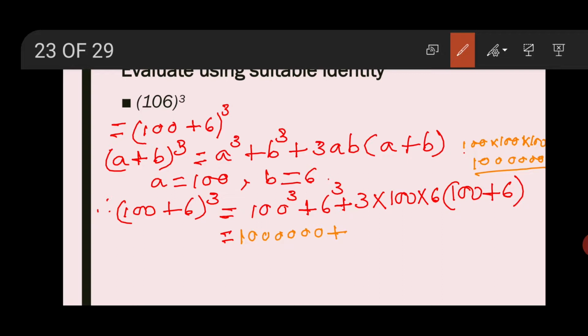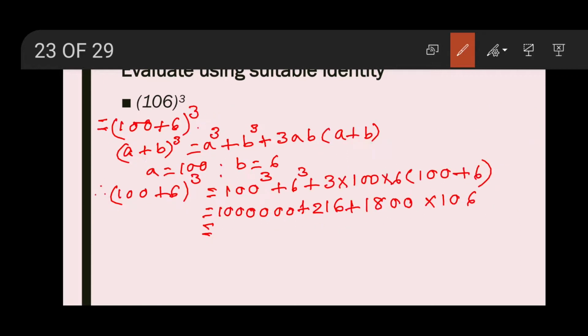Plus 6 cube, which means 6 into 6 into 6: 6 6s are 36, 36 6s are 216. Plus 3 into 100 into 6, 3 6s are 18, 18 into 100 is 1800, into 106.